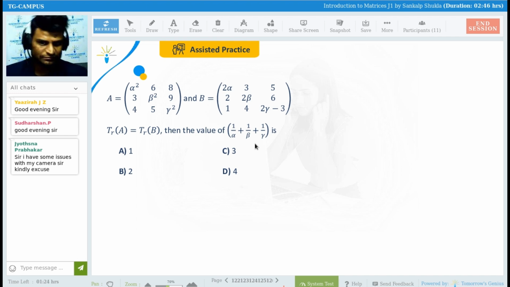So the question is, A is equal to this and B is equal to this, but TR of A is equal to TR of B. Now what do you mean by this line?